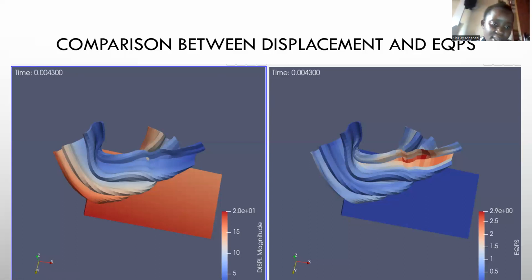And we can see that for displacement, it's a very big amount that gets displaced, given a very huge force in a very small period of time.